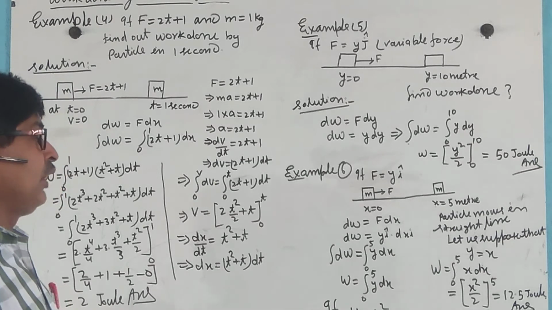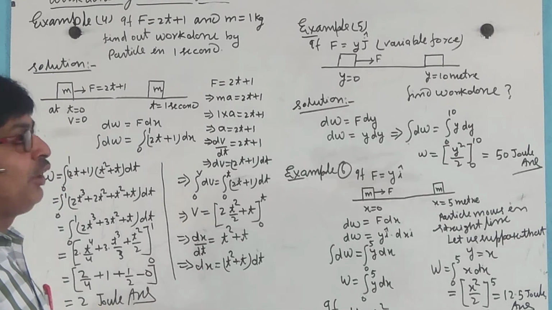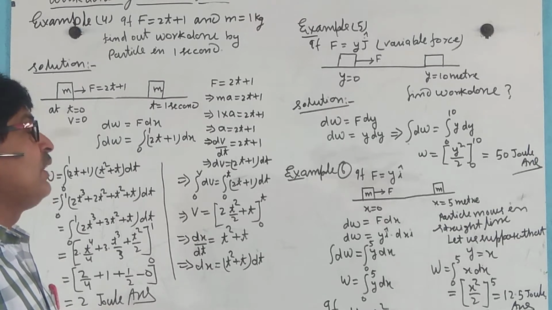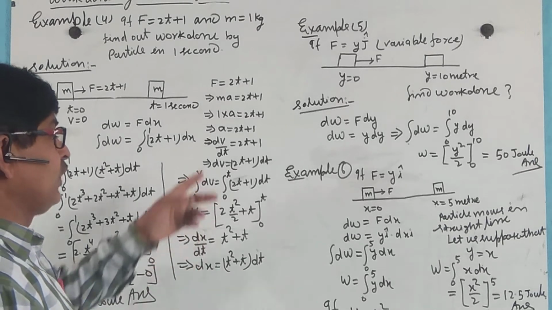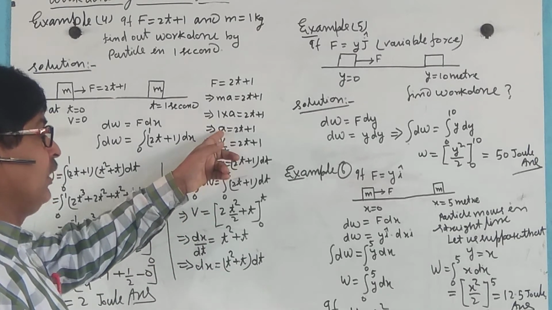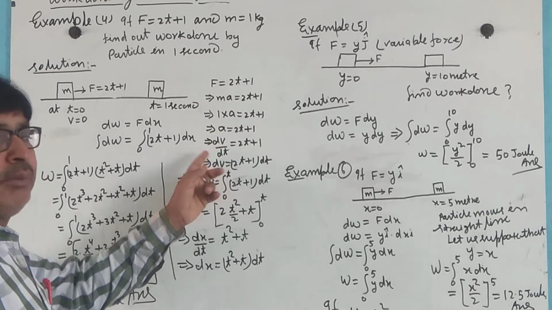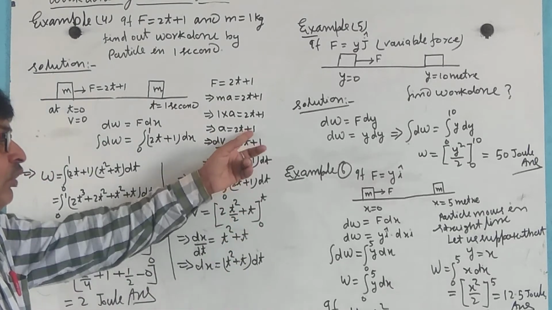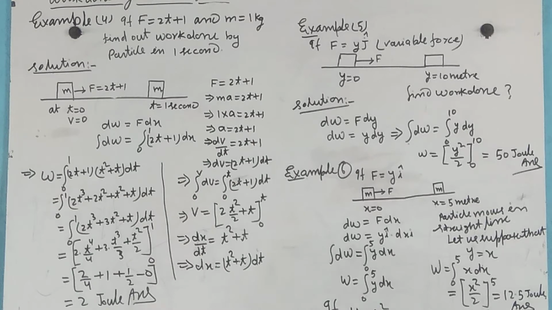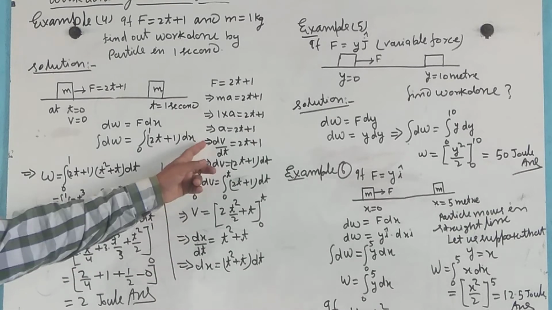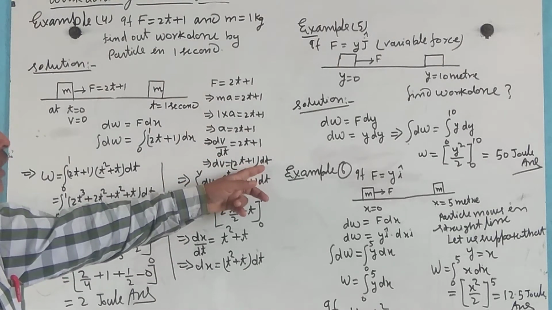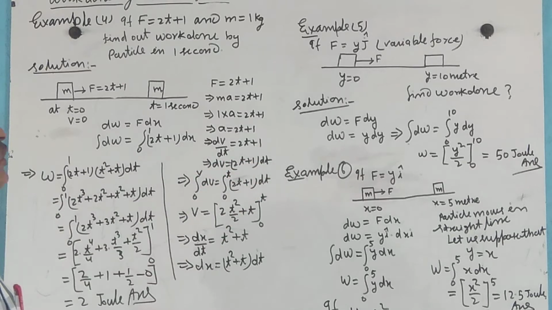And a is the acceleration, the rate of change of velocity with respect to time, so a can be written as dv by dt, which is equal to 2t plus 1, and now dv is equal to (2t plus 1) dt.